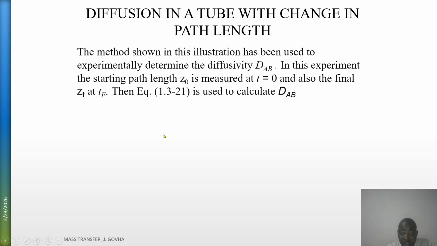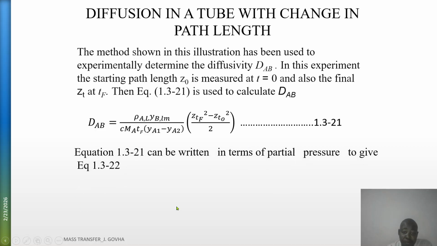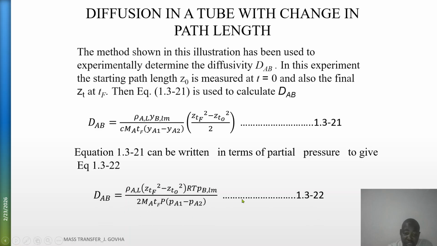Then that equation is used to calculate DAB as indicated there. This same equation can be written in terms of partial pressure to give equation 1.3.22 as indicated there.